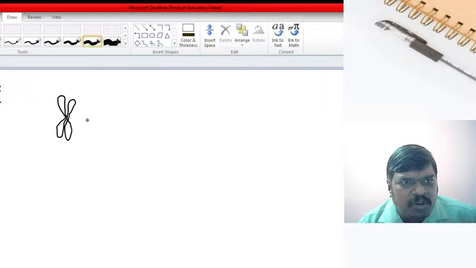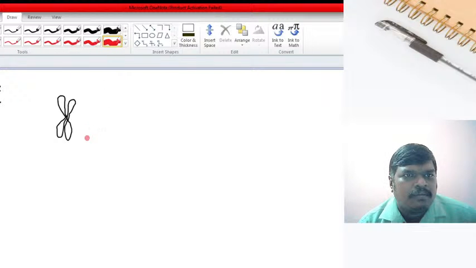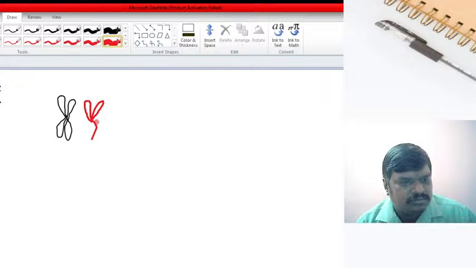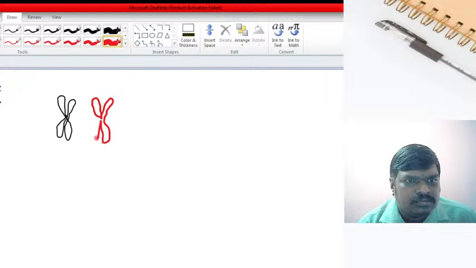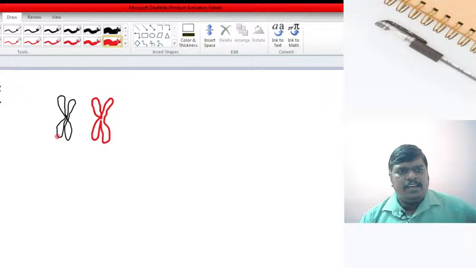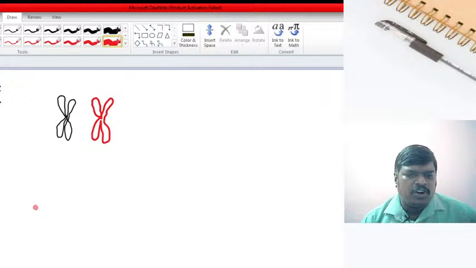And again I am drawing one more here. Now I have drawn two different chromosomes here. Can you see it?